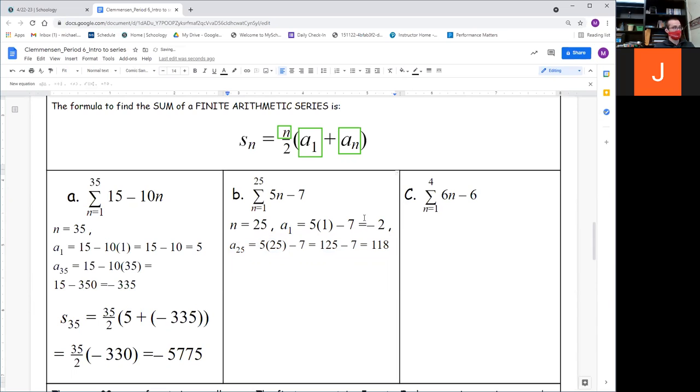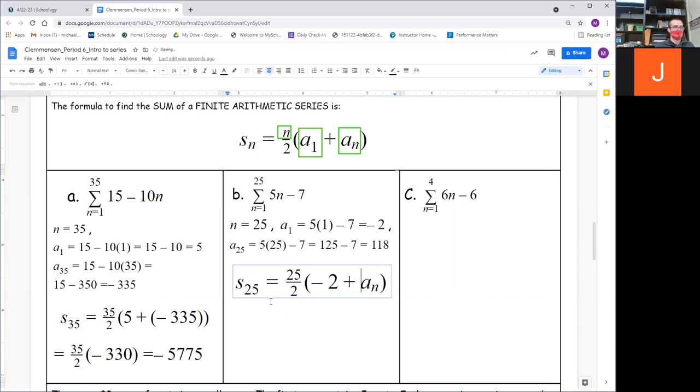Now we're going to plug it all into this equation up here. Nice for being on a computer, I can copy paste it. My N in this case was 25. N's 25. A1 is perfect. A sub n is perfect.